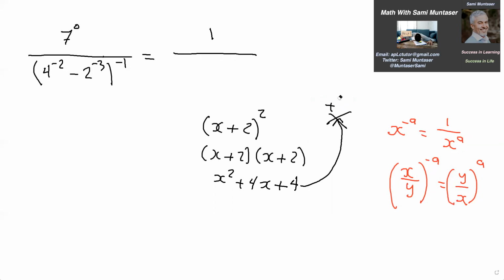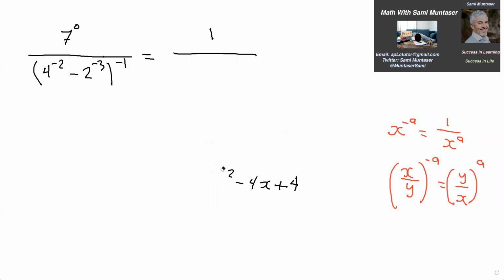Okay, so how about now, what are we supposed to do with that one? What we're supposed to do is basically refer to that rule right there again. It's changing that 4 to the negative 2 as 1 over 4 squared, and 2 to the negative 3 as 1 over 2 cubed. Keep that negative 1 there.